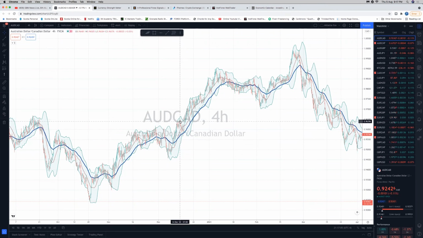Let's see if we can find one that is a little bit clearer than that. A lot of consolidation here. That was quite a while in 2019.